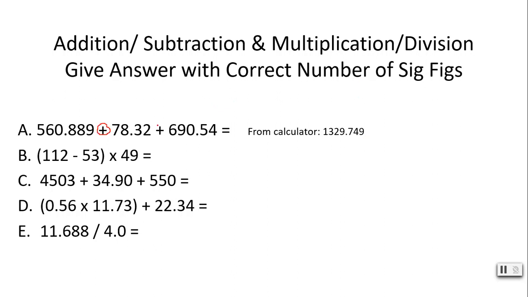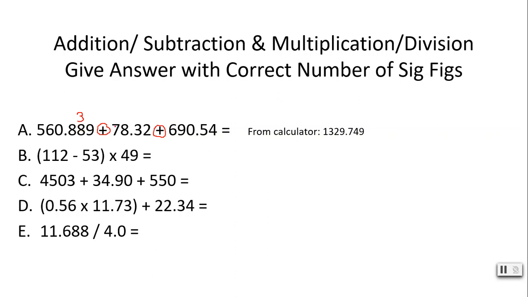So if you remember, for addition and subtraction, we care about the number of significant figures after the decimal, and we use the number that has the smallest number of sig figs after the decimal. So this first number has a total of 6 significant figures, but this number just has 3 after the decimal.